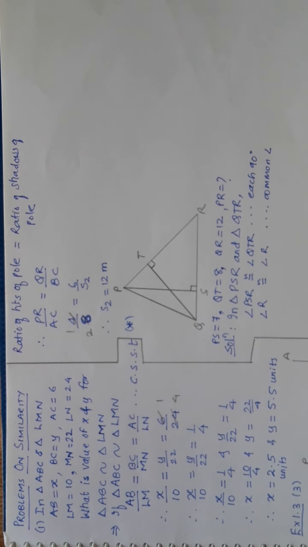So what do I get? I get two angles of the first triangle correspondingly congruent to two angles of another triangle. Then the two triangles will be similar, not by definition but by the test which comes to our rescue, and that is the AA test for similarity.